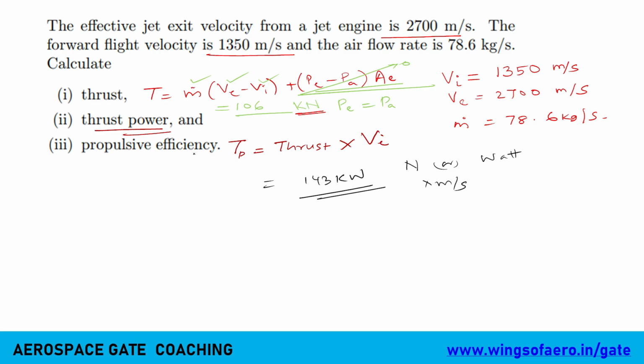Next we have propulsive efficiency. Very simple. Do you remember what propulsive efficiency is? 66%, ma'am. So what is the formula you have used? 2 into VI by (VE plus VI). Right? Yes, ma'am. So you can find the ratio.